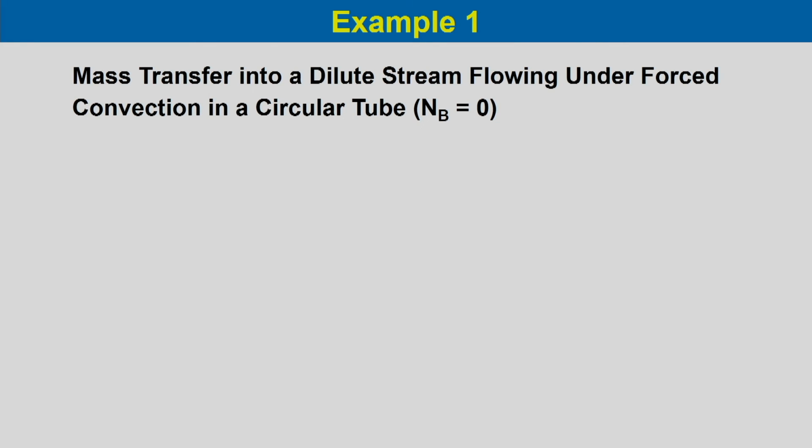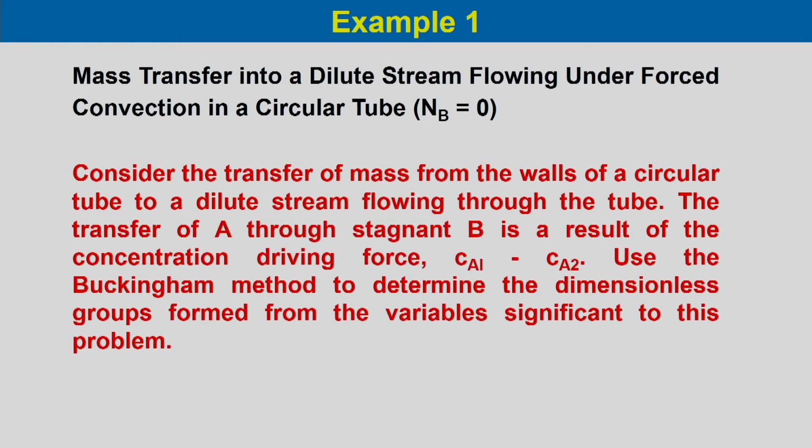So, the example is mass transfer into a dilute stream flowing under forced convection in a circular tube. So, here N B is equal to 0, that is stagnant B. Now, consider the mass transfer from the walls of a circular tube to a dilute stream flowing through the tube.